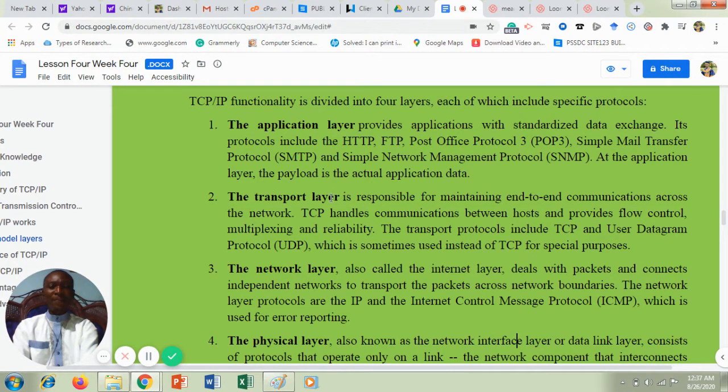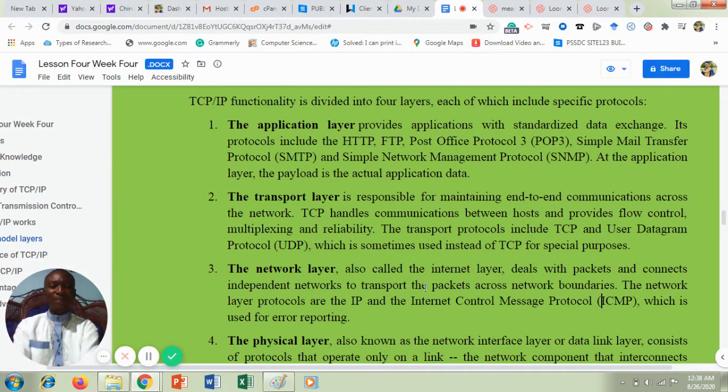After a header has been assigned, it transfers to this network layer, which makes them into packets, with IP addresses on them, using IP and the Internet Control Message Protocol, ICMP, which is used for error reporting.